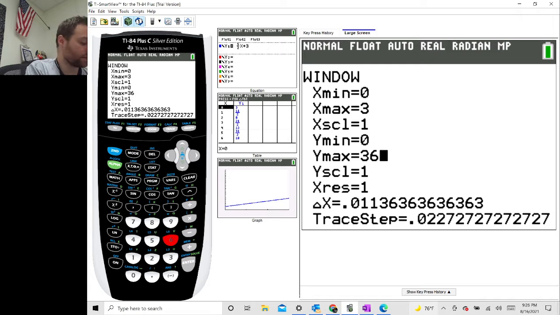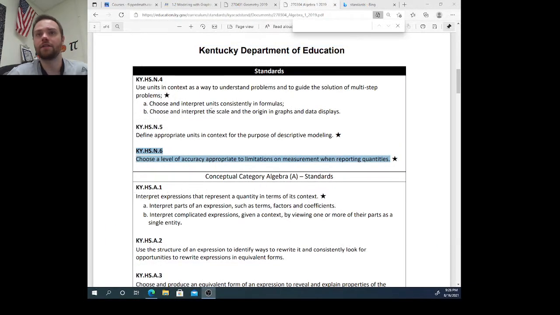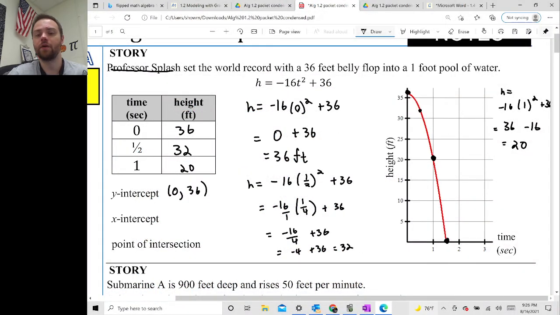What you'll see is these little options here. You've got y scale and x scale. And if you take a look here, x scale, you're counting by ones, okay? So that's back to your standard. And let me just show you that. Back to that standard. Choose a level of accuracy appropriate to limitations on measurement when reporting quantities. We want to count on the x-axis by 1, okay?